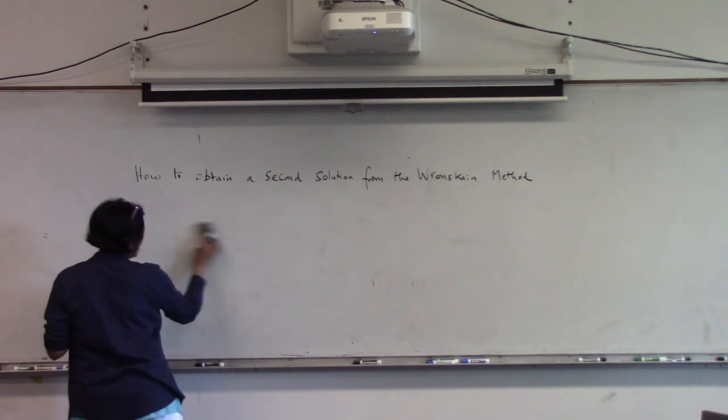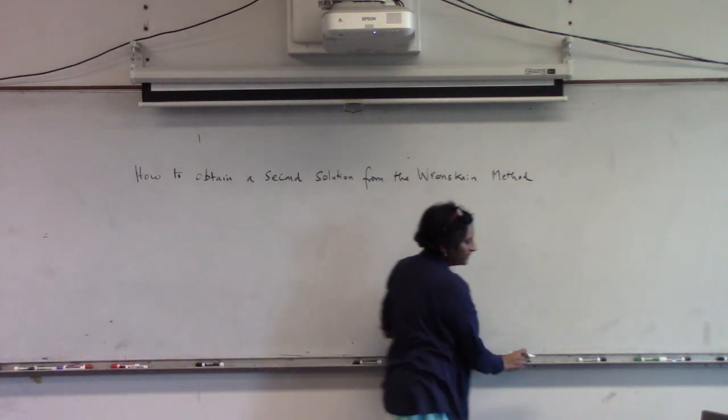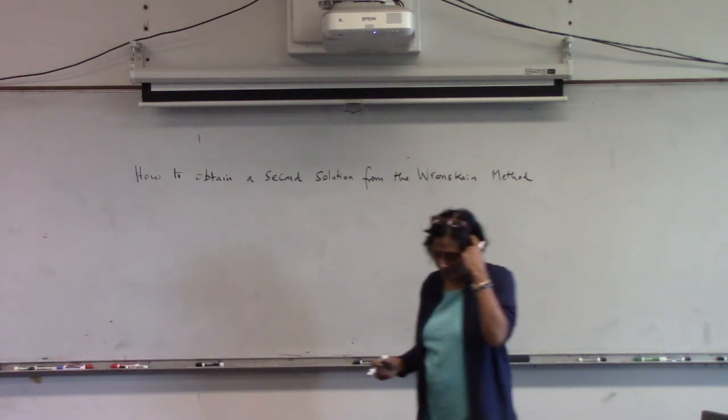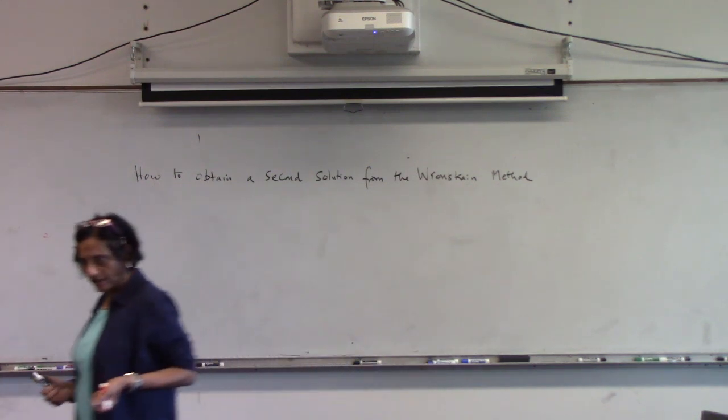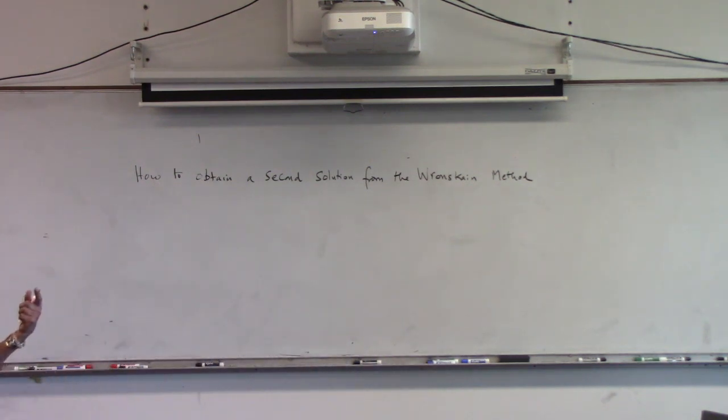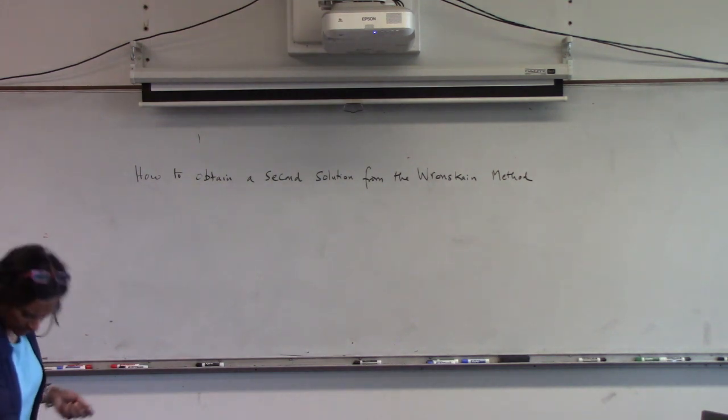So you will see that when we do the other case, when P of x and Q of x have a singularity at x equal to x naught, we may be able to get only one solution from the Frobenius series method. Okay, so we need to have the second solution by another method. In those cases, the Wronskian method may come in handy to get both the solutions.